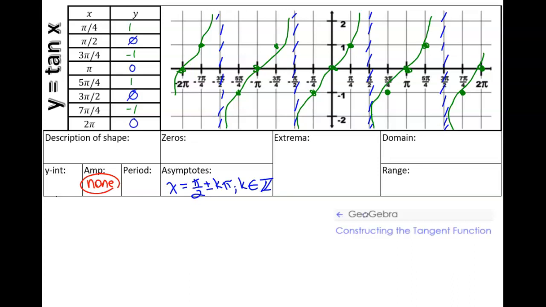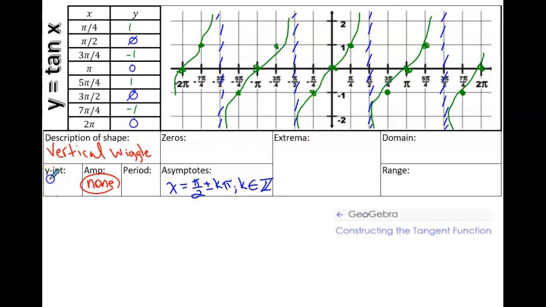So the description of this shape, these are vertical wiggles, sort of like our cubic function shape, only they're not cubic because remember cubic functions go on to positive and negative infinity to the left and the right. These are blocked off by asymptotes, so they're not going to extend past those vertical asymptotes.